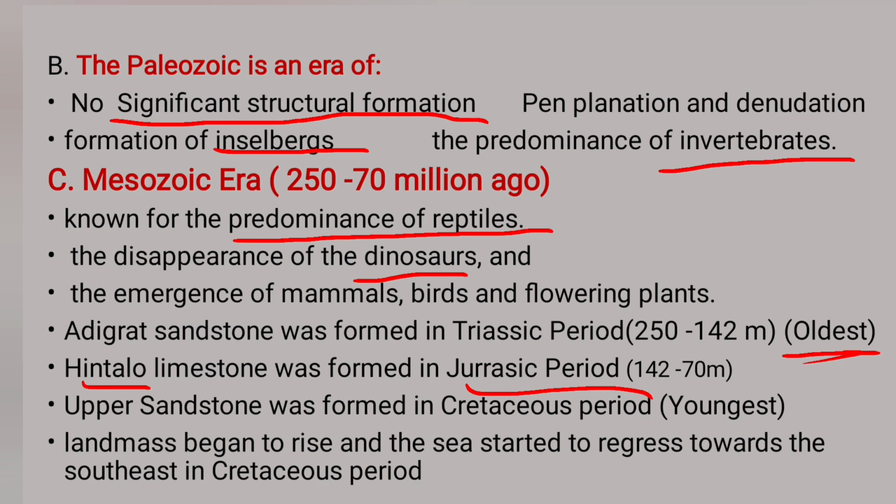Later on, the upper sandstone, known as the youngest, was formed in the Cretaceous period. This upper sandstone is the youngest sedimentary rock. Land masses began to rise and the sea started to regress towards the southeast in the Cretaceous period.